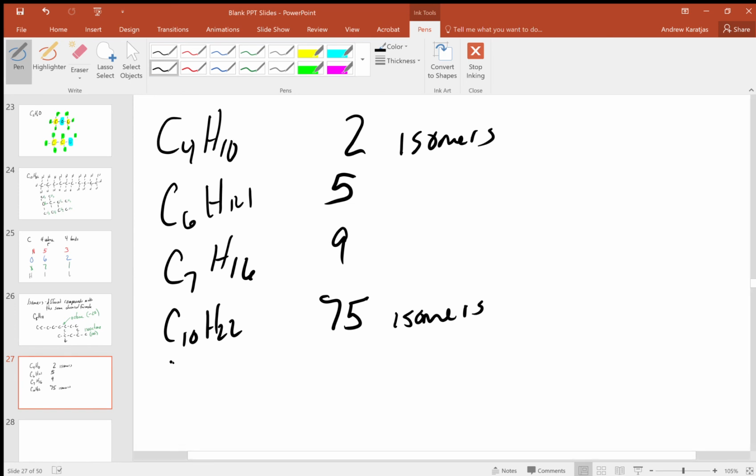So let's skip ahead. How about C40, which would have 82 hydrogens? Anyone want to draw all the isomers for C40?